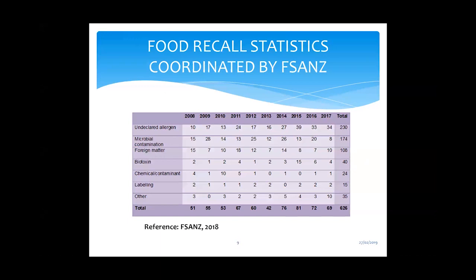174 are related to microbial contamination, which is mainly due to Salmonella, Listeria, and E. coli, and 40 due to biotoxin, such as shellfish toxins and hydrocyanic acid, as mentioned by Ajay earlier. And these are some of the biotoxins that are naturally present in tapioca chips.